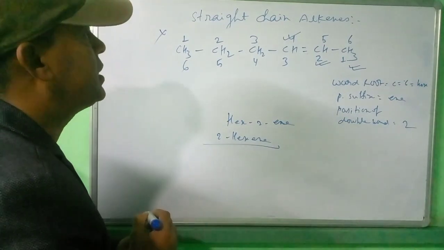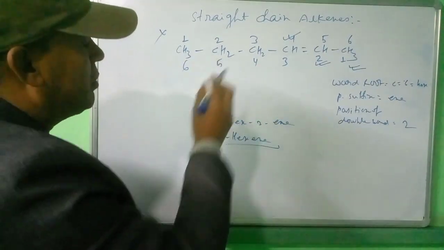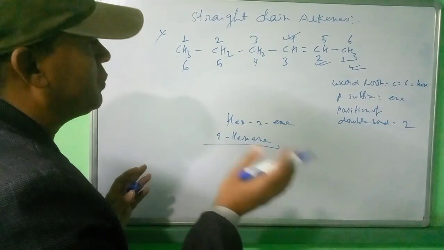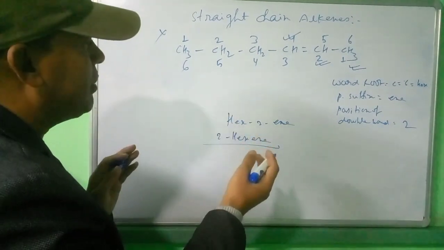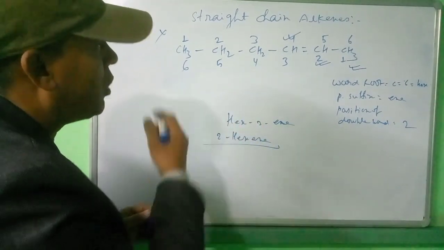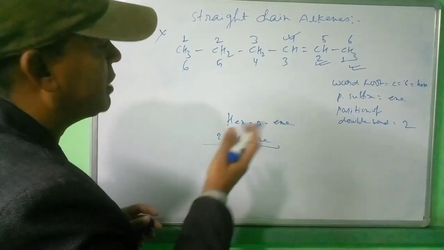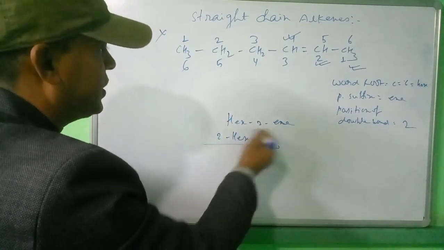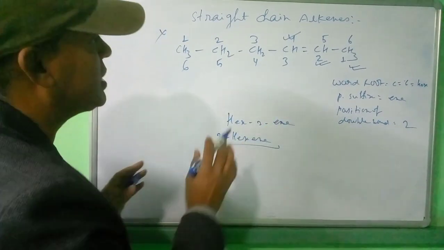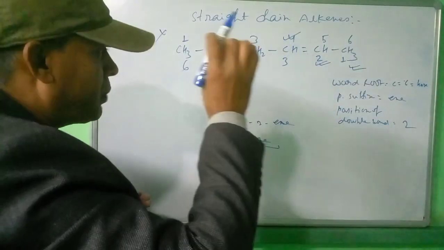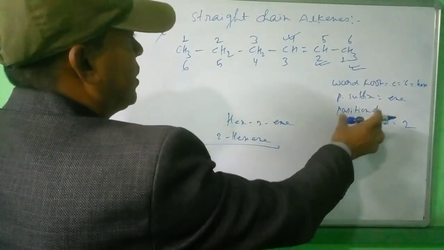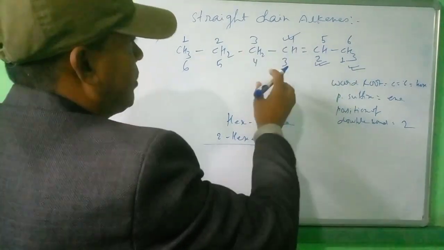If your compound is a straight chain having a double bond, this position we have to focus on, numbering the carbon atoms in a correct way. And what primary suffix is written here? ene. Only 3 points: word root, primary suffix, and position of the double bond, numbering the carbon atoms.